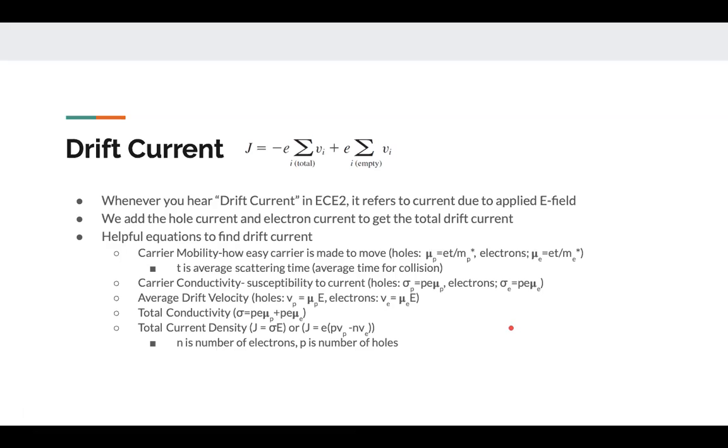Quick note about the mobility. I know we give an equation for it, but in practice it's not an easy thing to calculate. It would be helpful for you to look up what the mobilities are at room temperature for silicon and germanium.